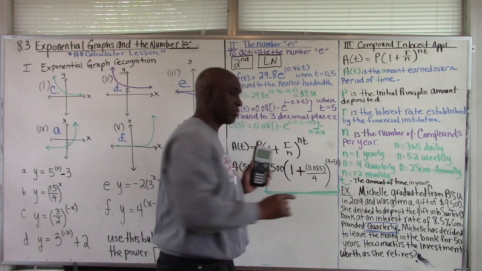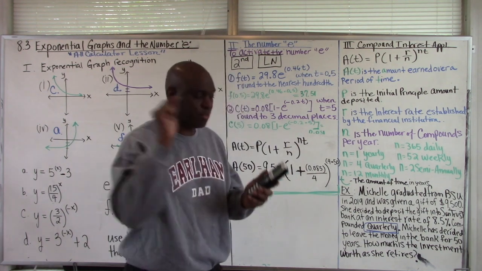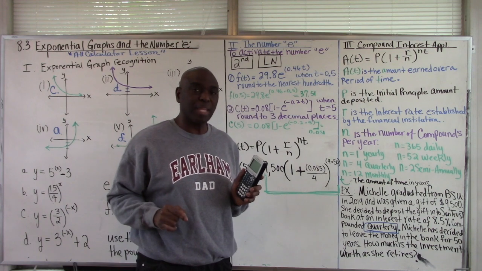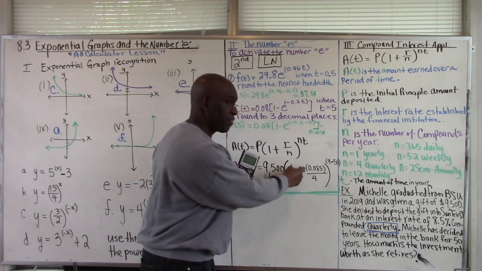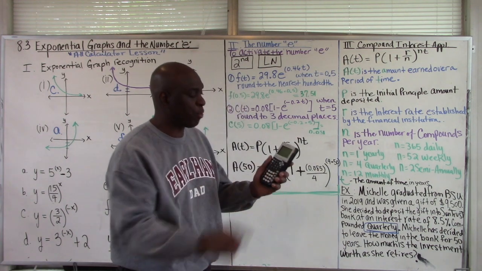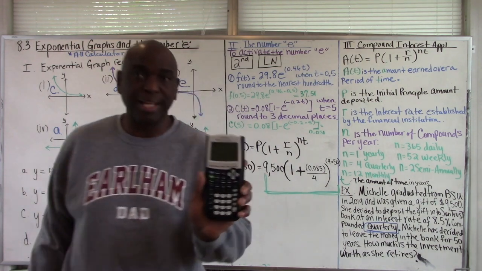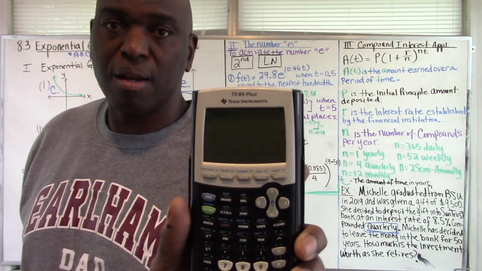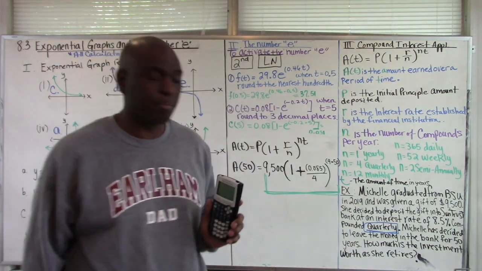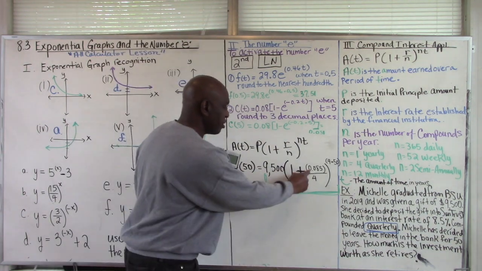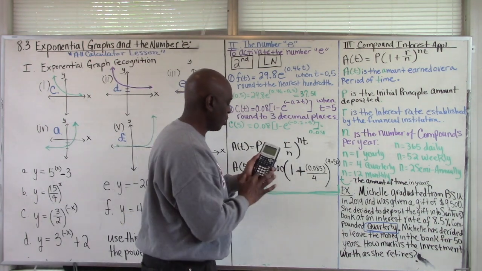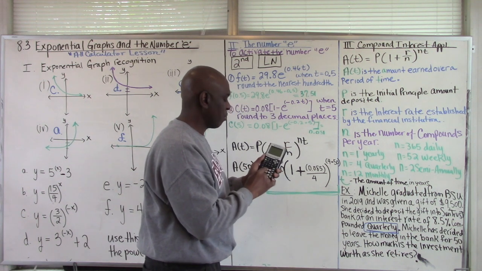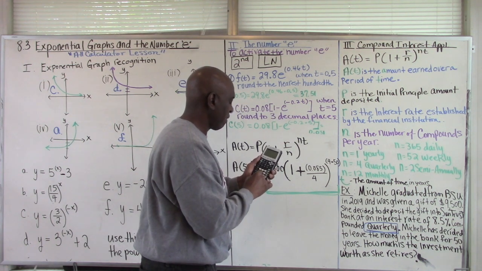Now go plus. Now go open parenthesis. See? Like that. Got to do it step by step. Now put in 0.085.